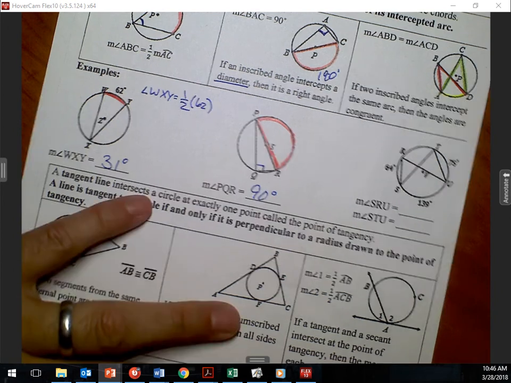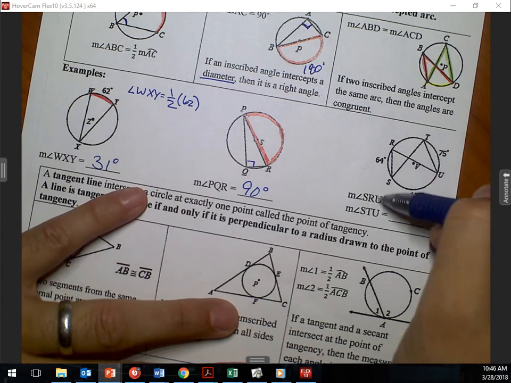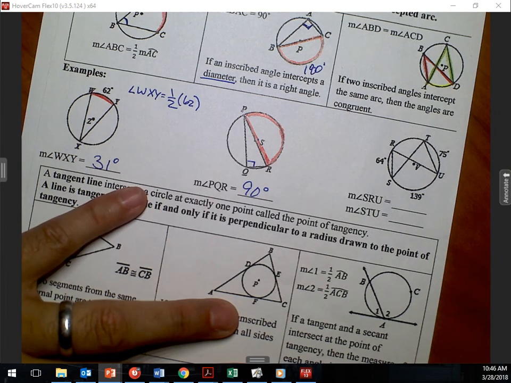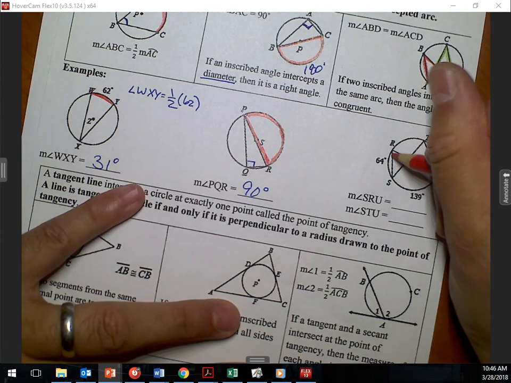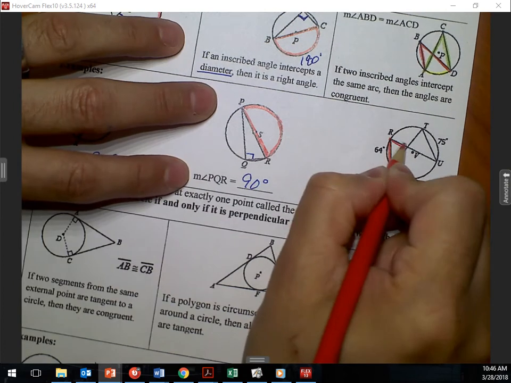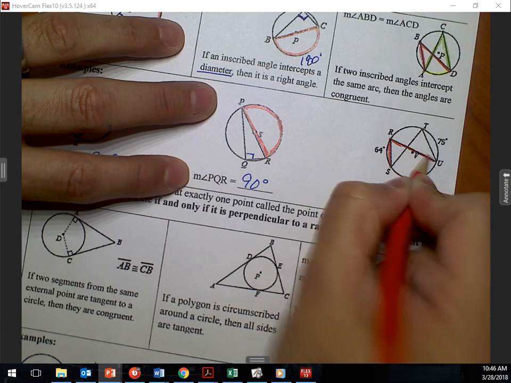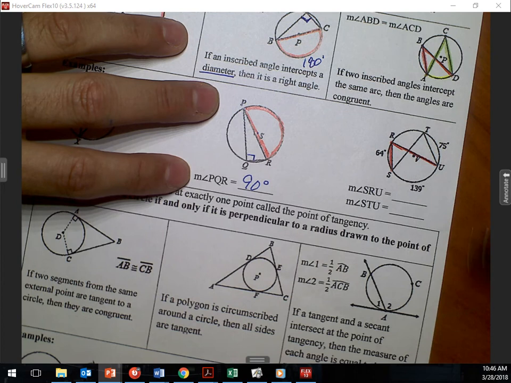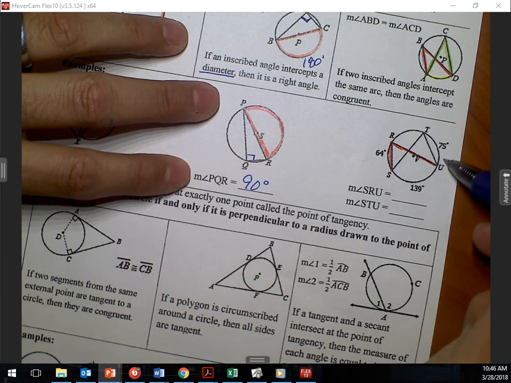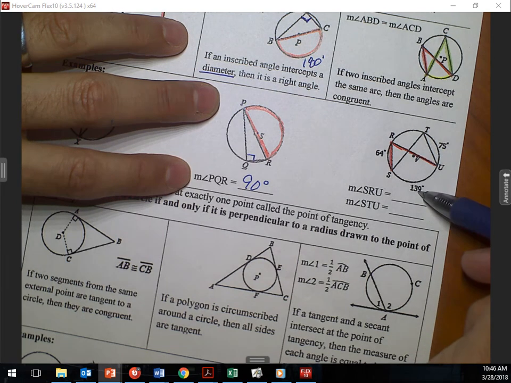All right, now let's take a look at this one. Angle SRU, S to R to U. What is my arc for that one? It's SU. It's 139, right?